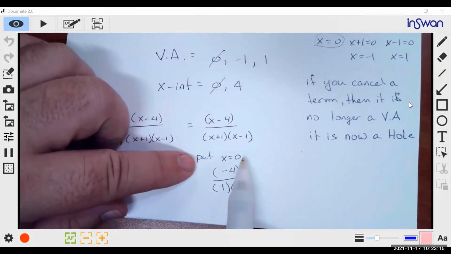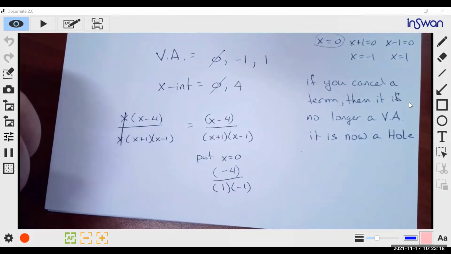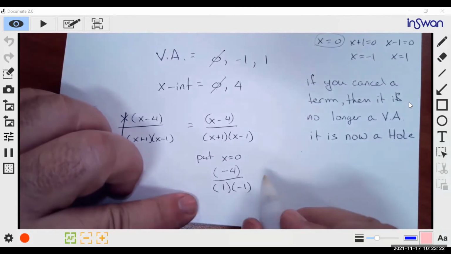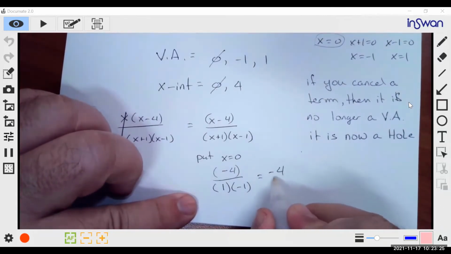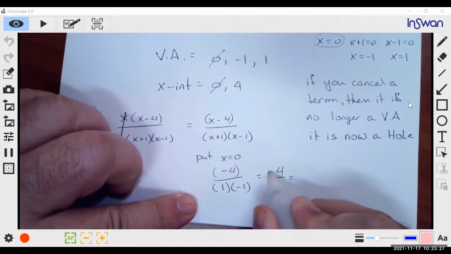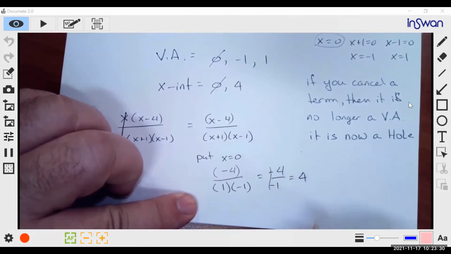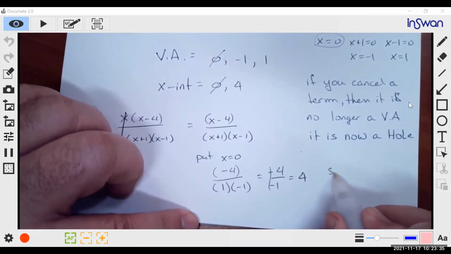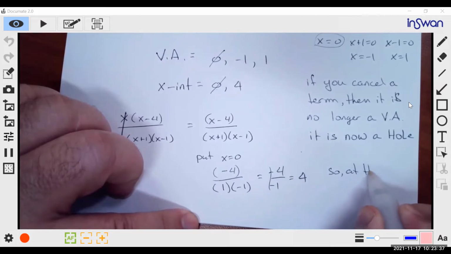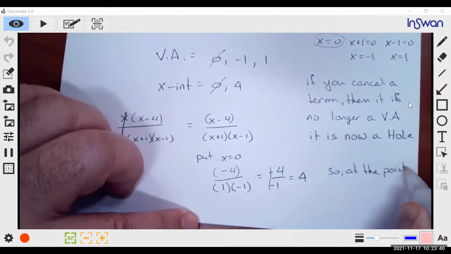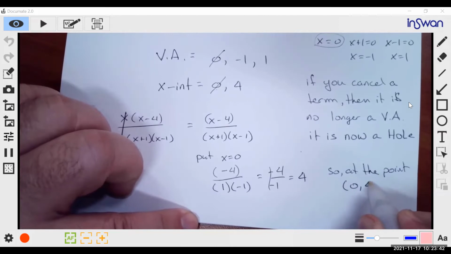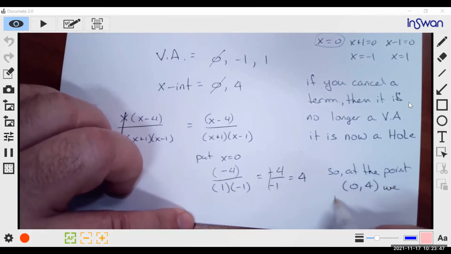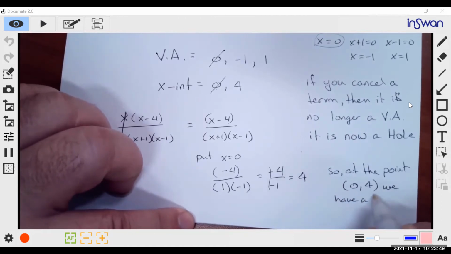So whatever the number is that you can factor out, or you can cancel, put that number back in the equation. So we have -4 over -1. Negatives cancel, so it's 4. So at the point 0, 4, we have a hole.